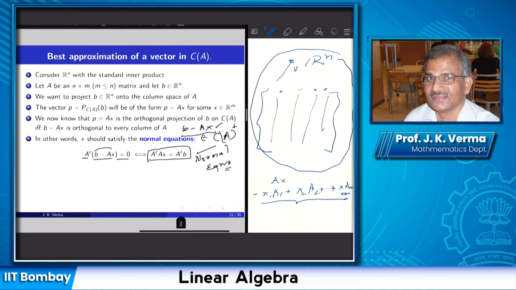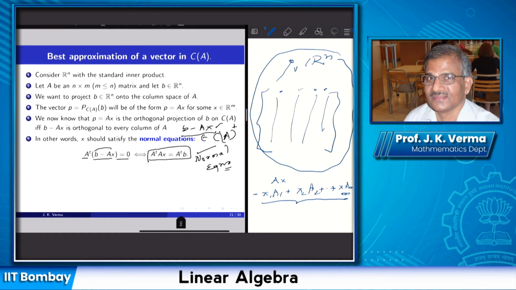So we wanted to find the best approximation of B in the column space of a matrix. Yeah, then it says that this is going to be Ax, and x is a solution of this inhomogeneous system of linear equations. A transpose Ax equal to A transpose B is a system of linear equations.